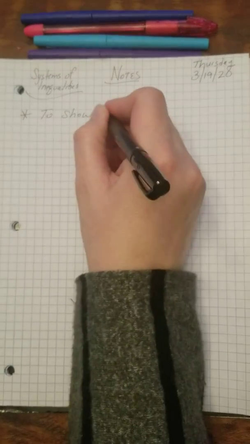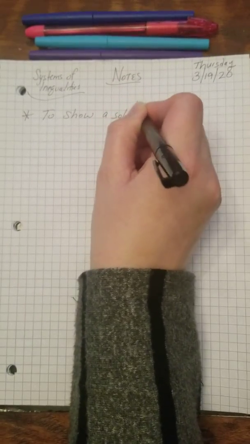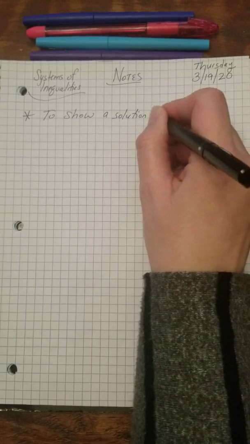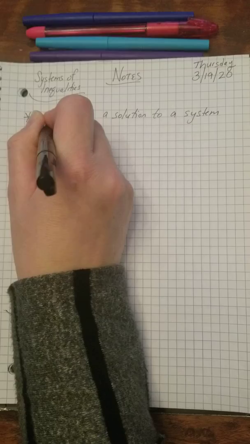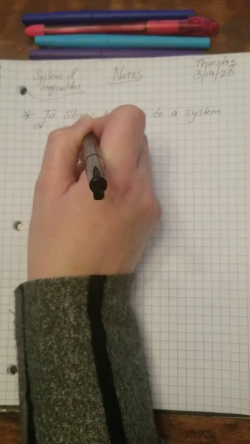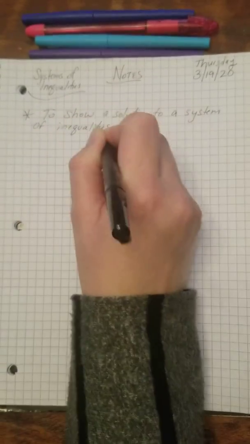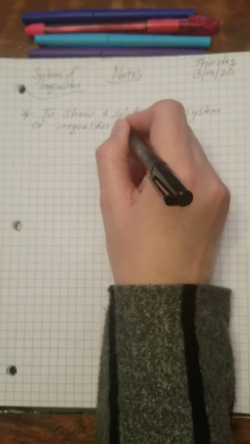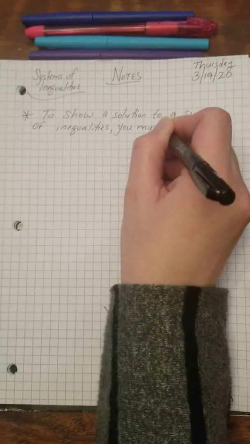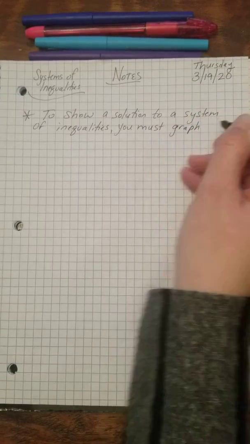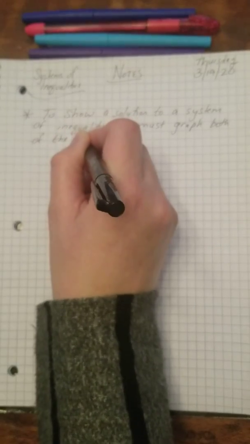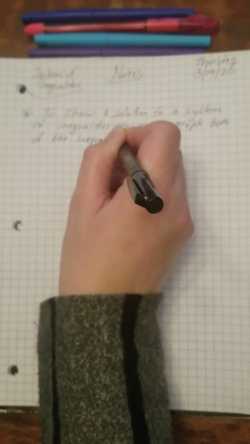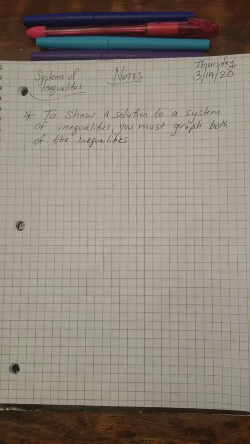To show a solution to a system of inequalities, you must graph both of the inequalities.